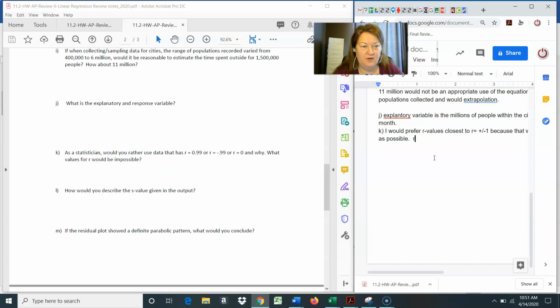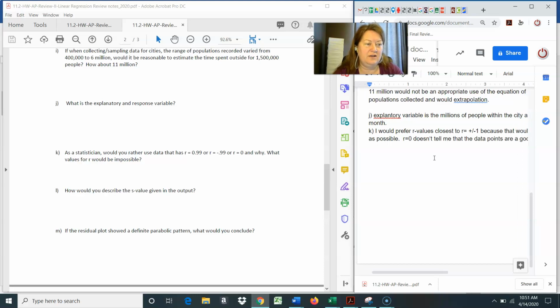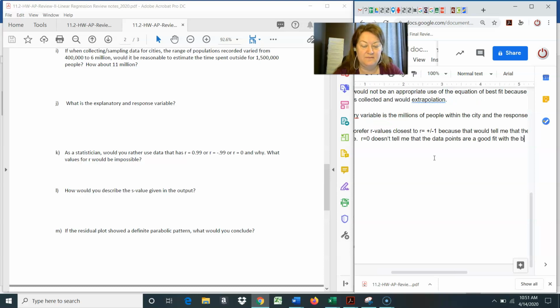And an R value equal to 0 doesn't tell me that the data points are a good fit with the best fit line.